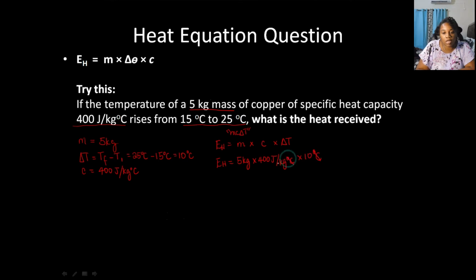You could start cancelling some units to make your life easier, and you will notice that you're on the correct track because the unit of heat is actually joules. Now if you start to multiply, 5 times 400 times 10, you get 20,000 joules.